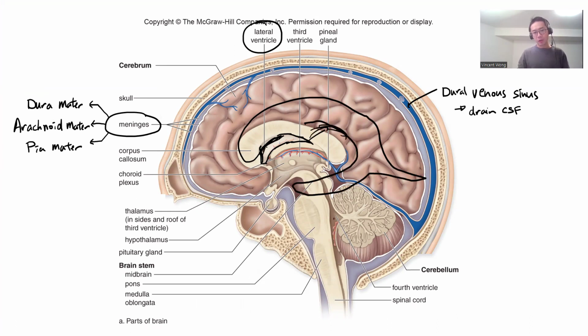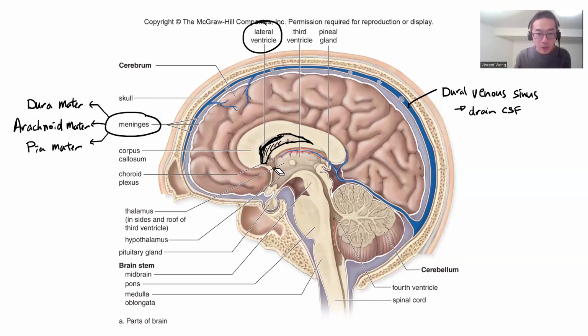But we see a little opening here. If you stick your hand in there, you're gonna be able to feel the entire cavity. So that's the lateral ventricle. We have two of them, two lateral ventricles. You see a little bit of blood vessels here.